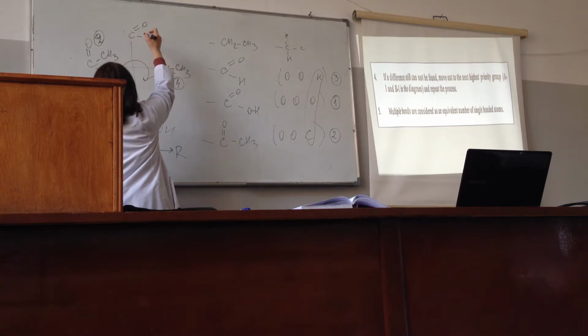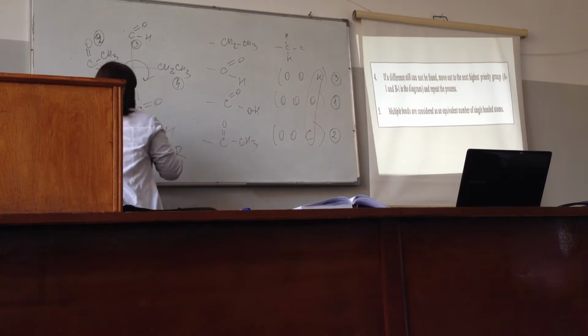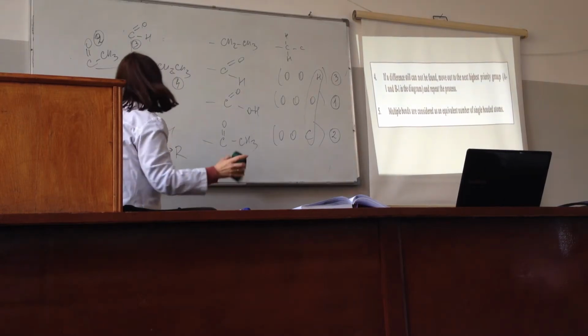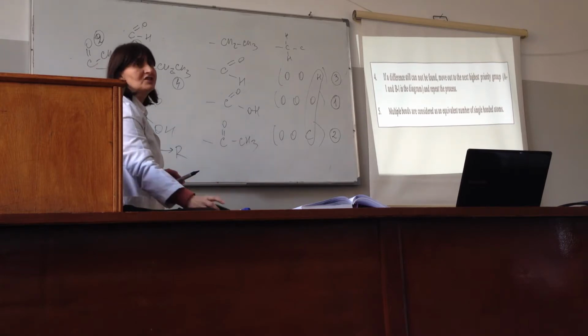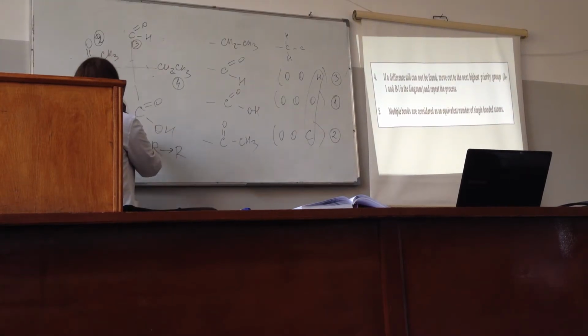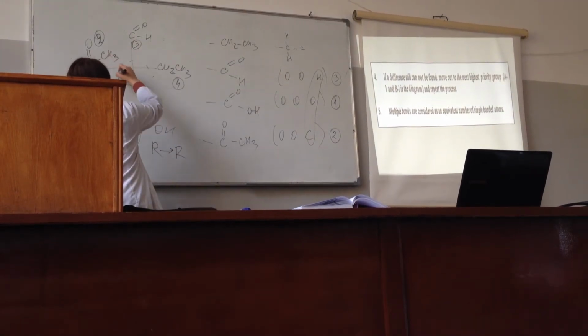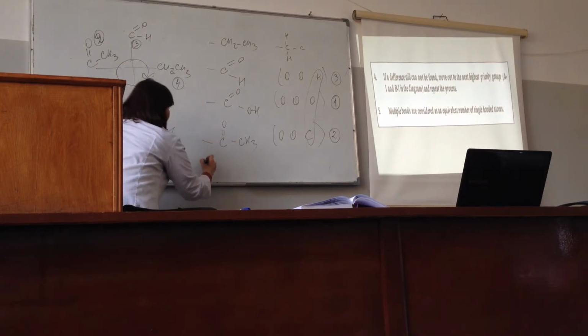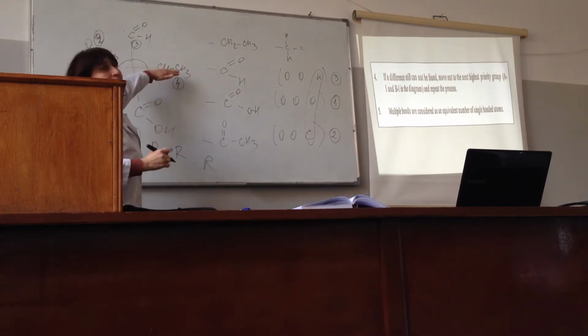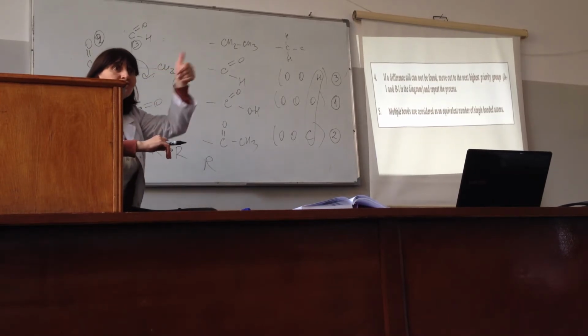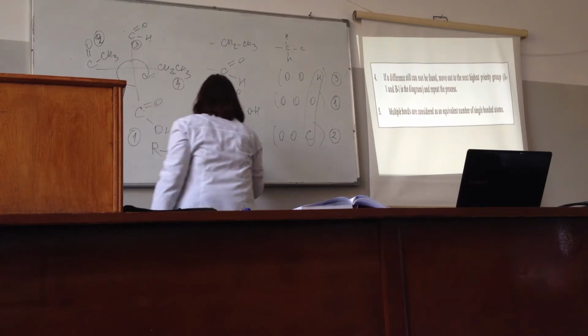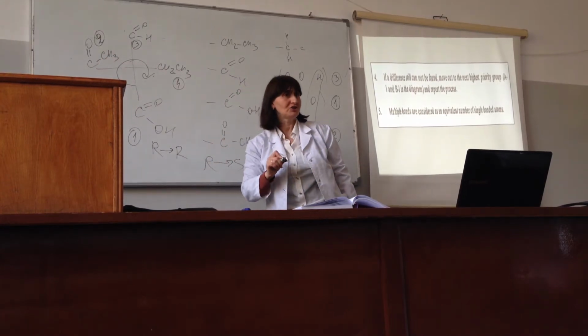And this is number 3. First of all, let's look at how this priority decreases. 1, 2, 3. R to S. It has to be R, but because your lowest group is on the horizontal line, you have to change R to S, and finally you have S absolute configuration.